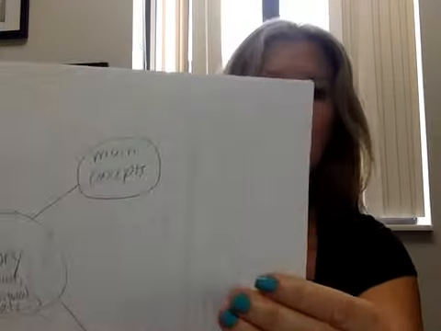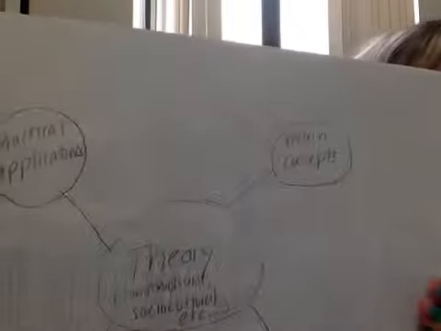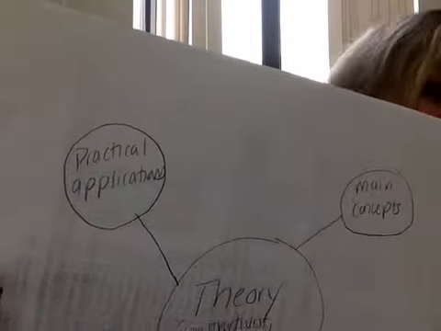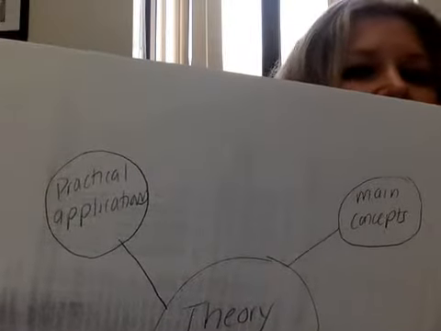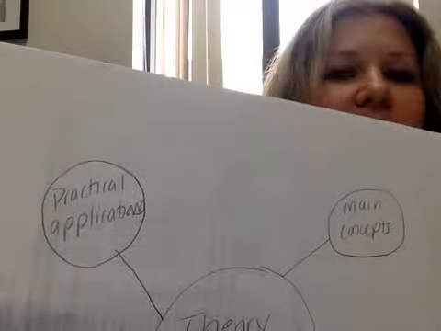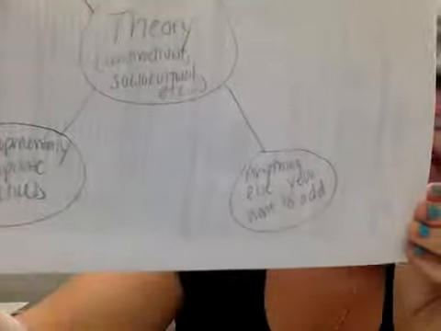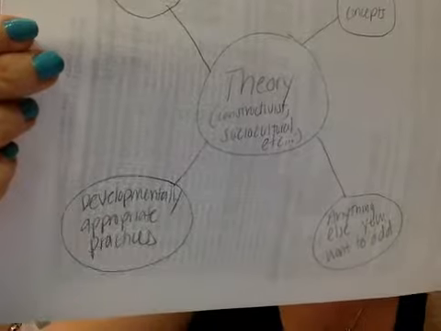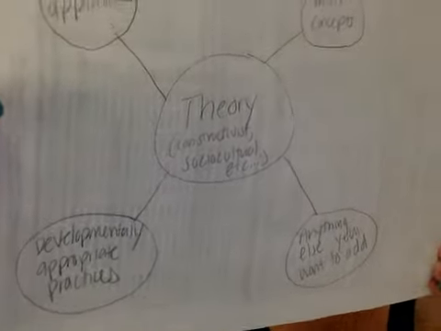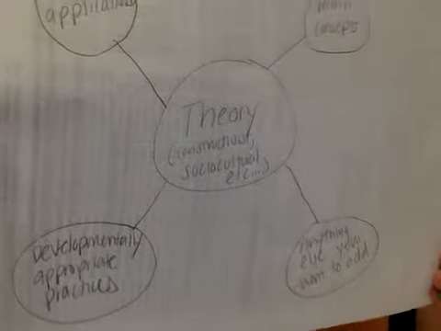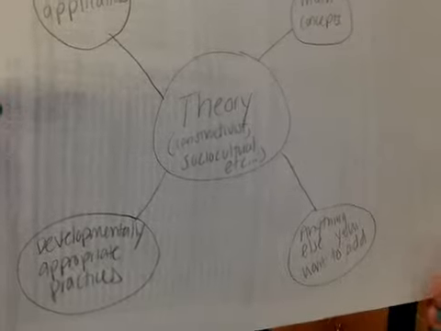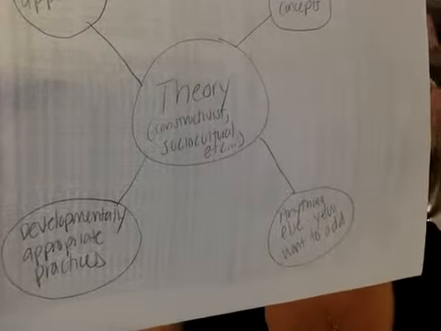Start with the main concepts, then you can move over to the practical applications. Now what does that mean? That means how do we apply this theory in the classroom? How can we apply it so it's useful? Then we move over to developmentally appropriate practices. For example, say you were doing a puppet show with 4-year-olds.